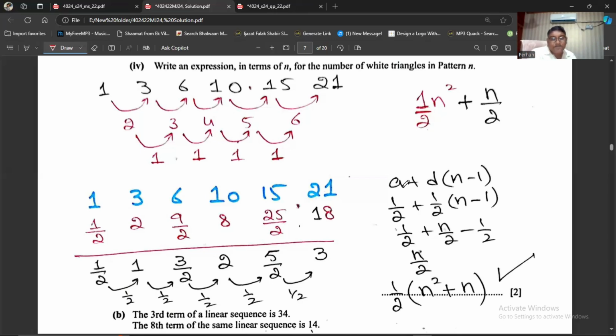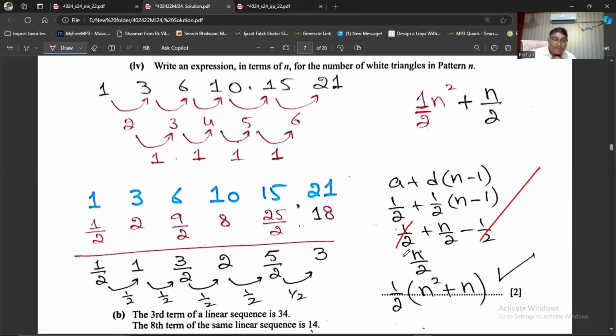So the first term here is 1 by 2 plus the common difference 1 by 2, bracket n minus 1 bracket close. So it will be 1 by 2 plus n by 2 minus 1 by 2. This and this are cancelled, and you're left with n by 2.